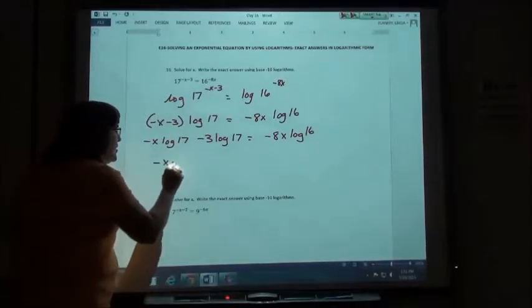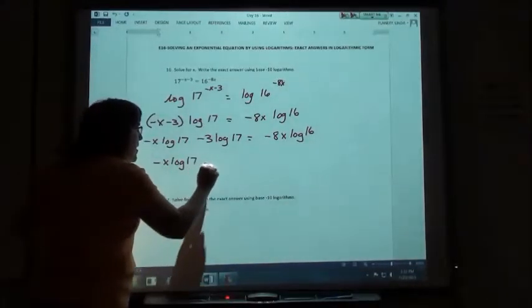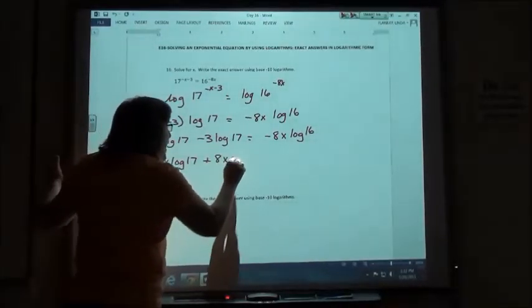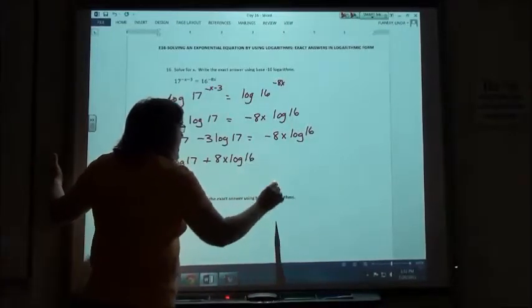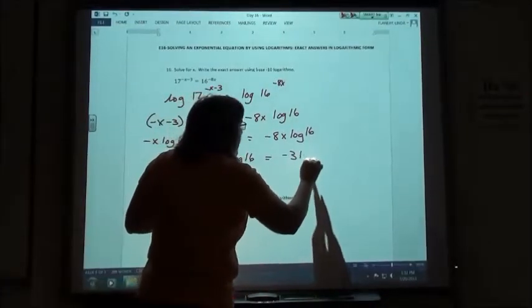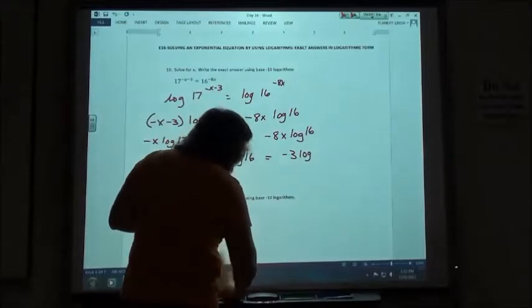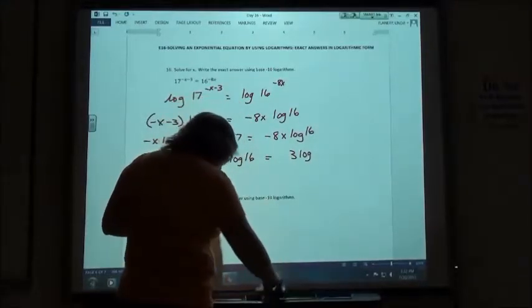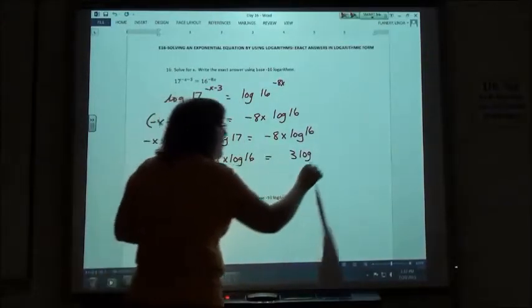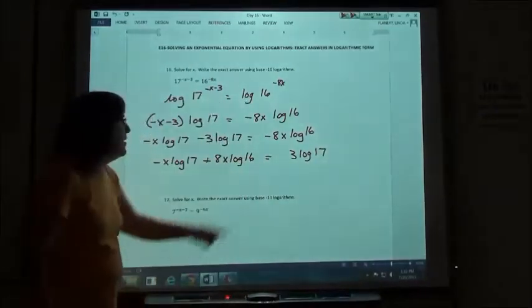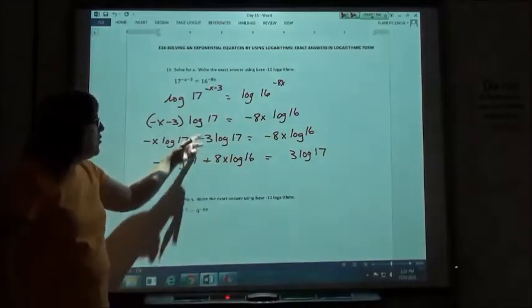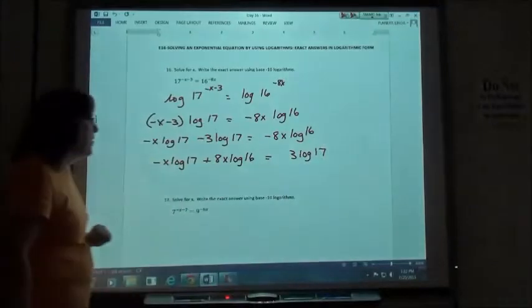So negative x log of 17 plus 8x log of 16 is going to equal, not negative, positive 3, because I moved it over, positive 3 log of 17. So I had to add that when I moved it over. I also had to add that when I move it over.